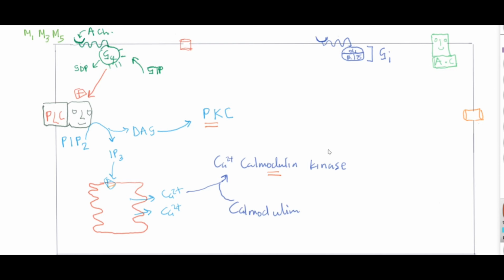For example, these two things have the ability to phosphorylate different proteins, or simply metabolic enzymes.